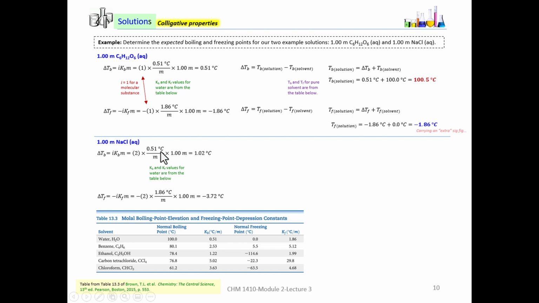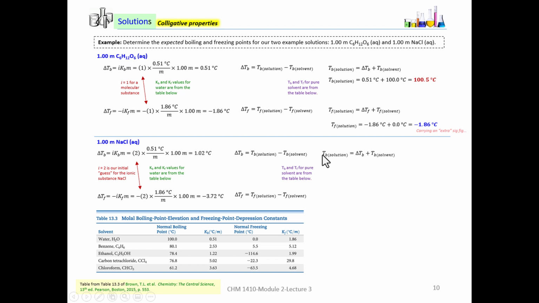Again, the Kb and Kf values are from our table, and our initial guess at the Van't Hoff factor for our electrolyte sodium chloride that breaks up into 2 particles in solution would be 2. If we wanted to then calculate the boiling point of our solution and the freezing point of our solution, we could use these equations and the boiling and freezing points for pure water, which we already know what they are.